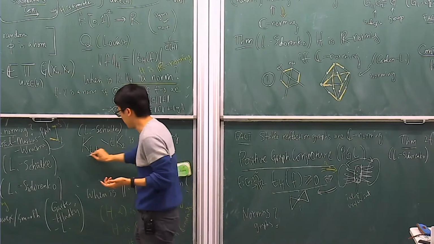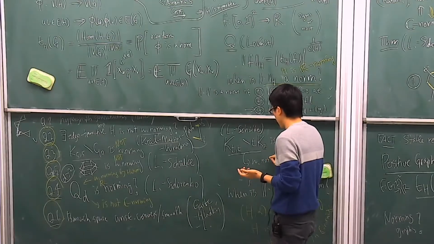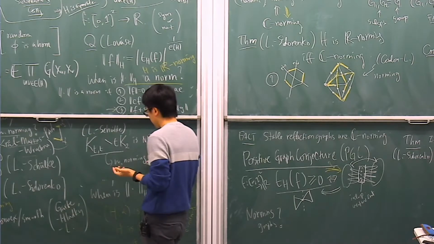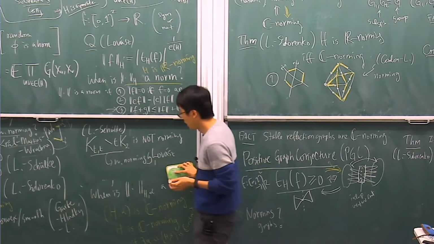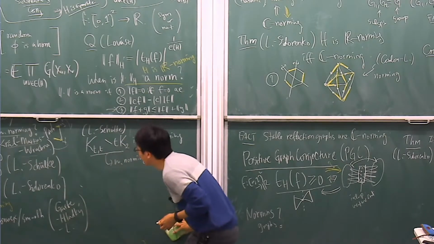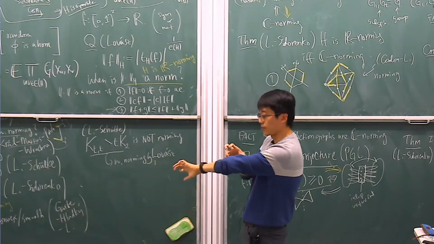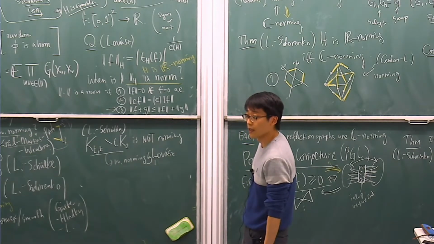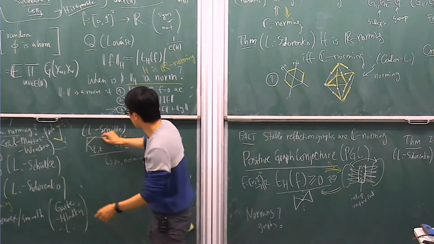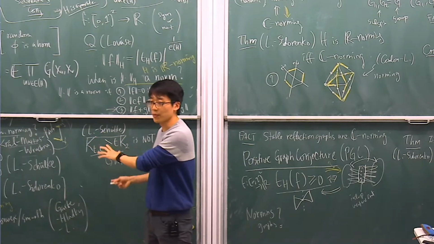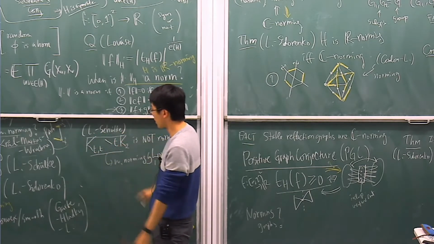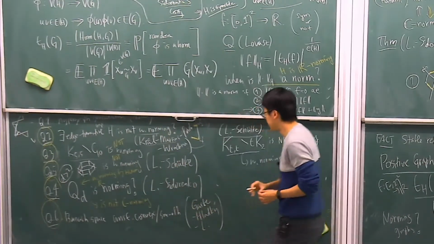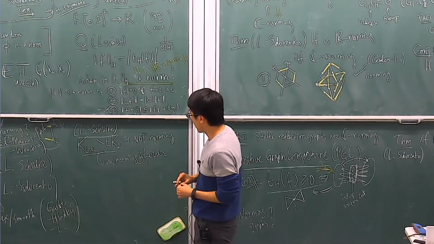This graph in particular was shown to be weakly norming by Lovász. Furthermore, this one takes a different approach, with Bjarne Schülke.